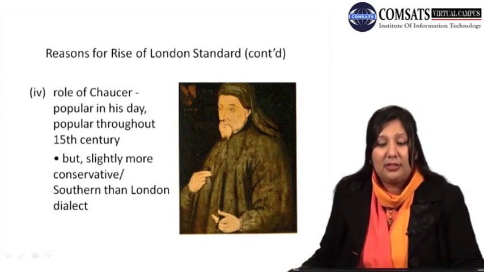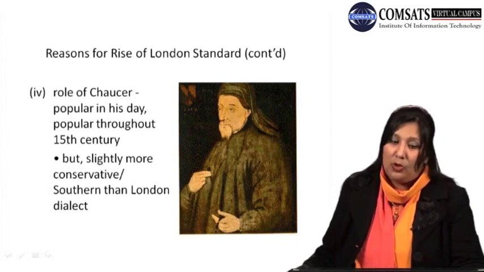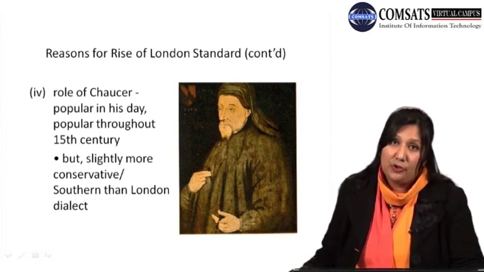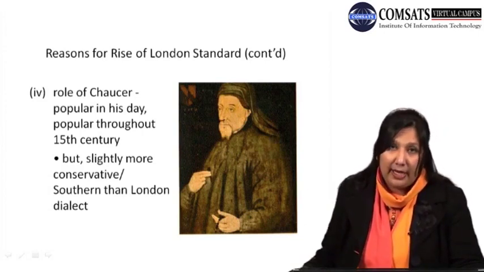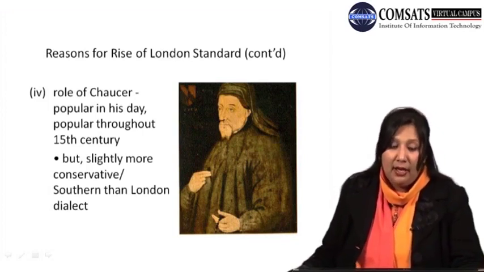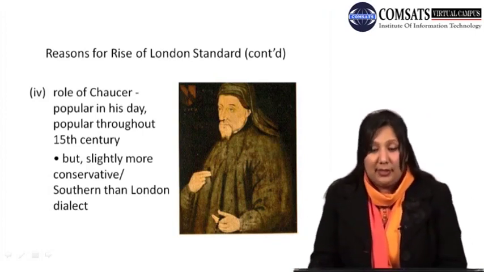There were some other reasons, and the fourth reason is the role of Chaucer, who was popular in his day, popular throughout the 15th century. Although he was not basically from the 15th century, he was a poet of an earlier era, yet he was very famous in this century as well. But he was slightly more conservative.